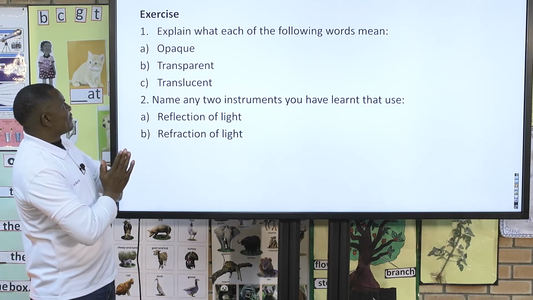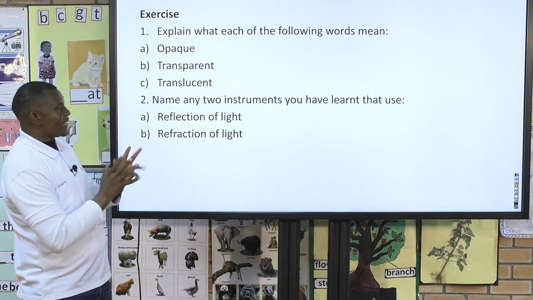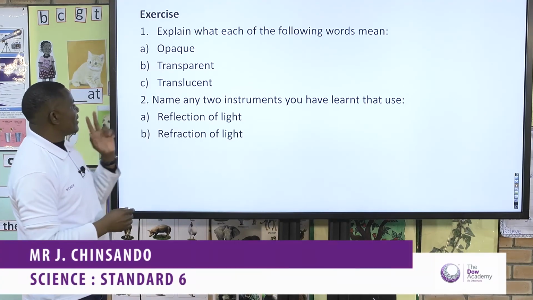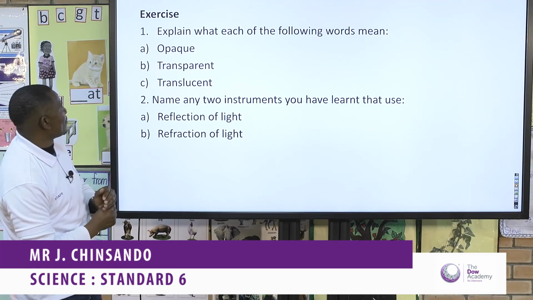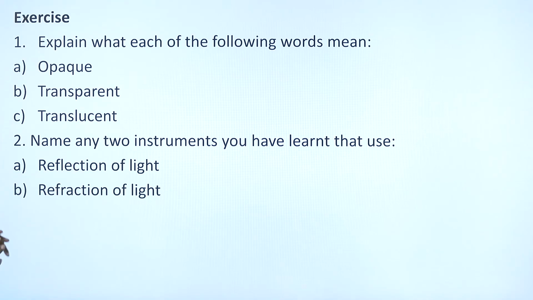we are going to have our exercise. And our exercise today, you are going to have 2 questions, and these 2 questions are divided into 2 as well. Question number 1, explain what each of the following words mean. A, opaque.